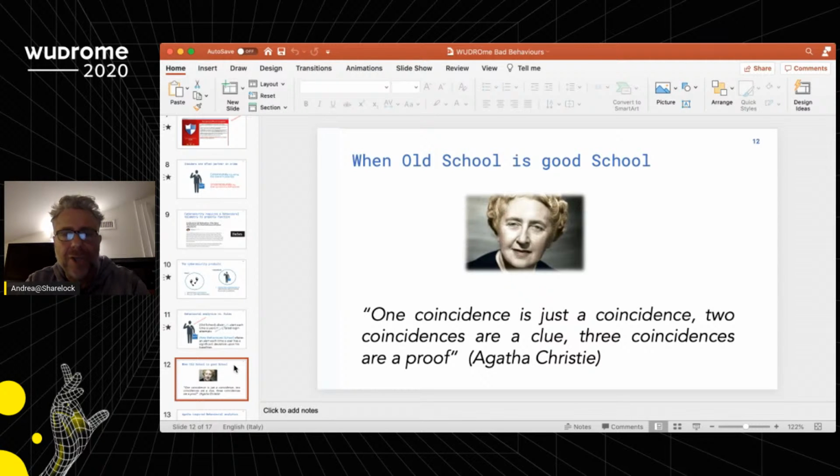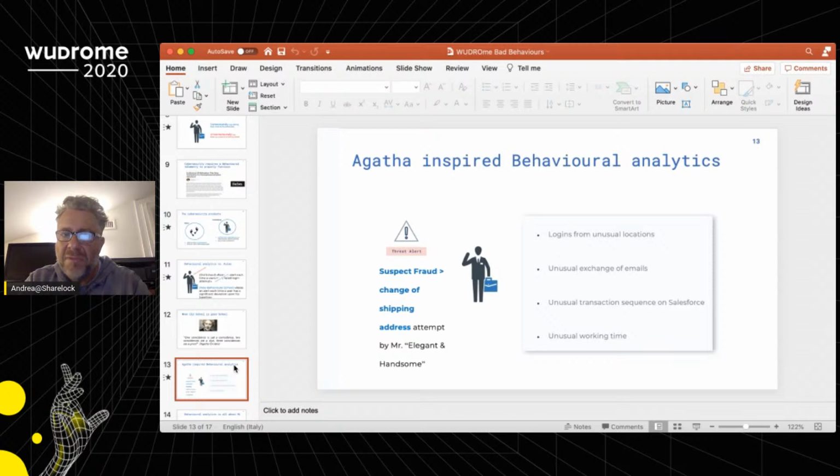One of the mantras is to avoid false positives, because companies cannot really manage thousands of security incidents. They need to focus on the real ones. So the name of the game for us in security is accuracy and maximizing the reduction of false positives. So this is very Agatha-inspired behavior analytics.